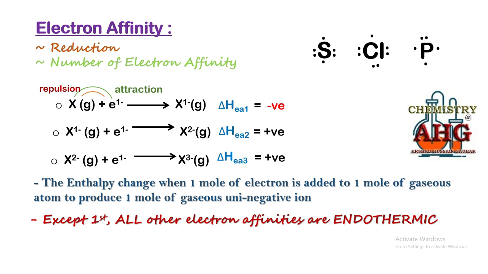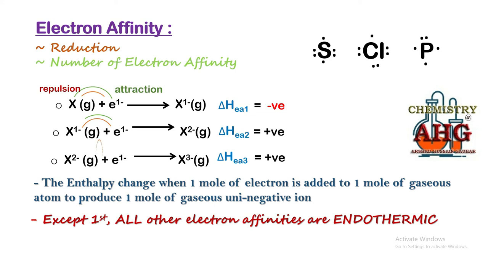But what happens in the second and other steps, the electron is being added to a negatively charged particle. A negatively charged particle can create greater repulsion. So in the second and third electron affinities, the repulsive force dominates the attractive force. Energy absorbed becomes greater than the energy released, because inter-electronic repulsion is increasing.